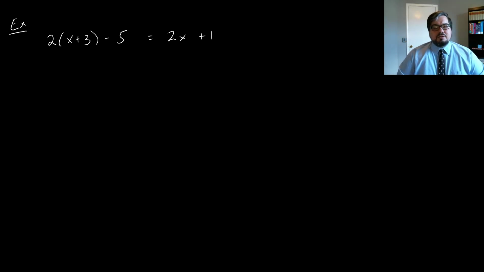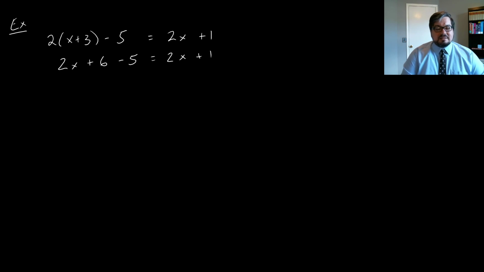Well, we can start using our techniques on it. We can start simplifying things down and seeing where we get. So, the first step is we'll simplify the left-hand side a bit. So we get 2x plus 6 minus 5 once we distribute that 2 through.